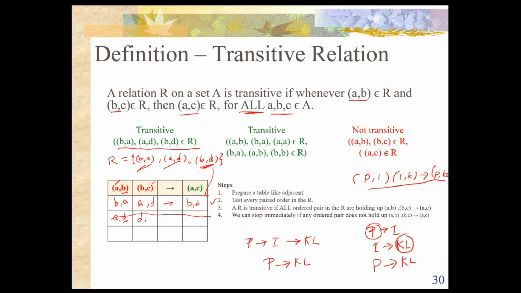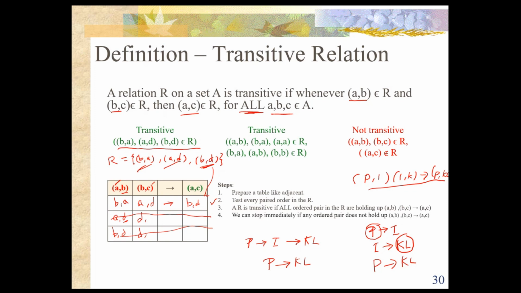And then we go to (B,D). Obviously the next one will be D with something else. There's no D with something else, right? So again, we can skip. So there's no proof of non-transitive. Therefore, it's transitive. Okay.